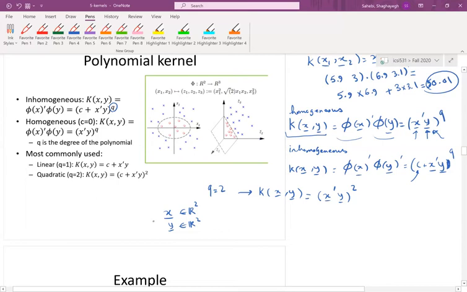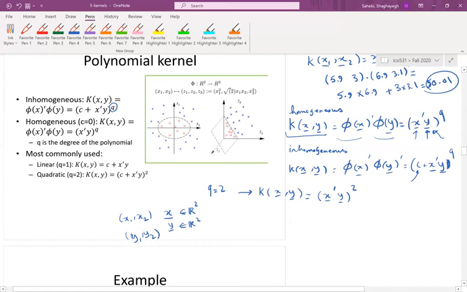So suppose that X is basically X1, X2, and Y is also basically Y1, Y2, right?